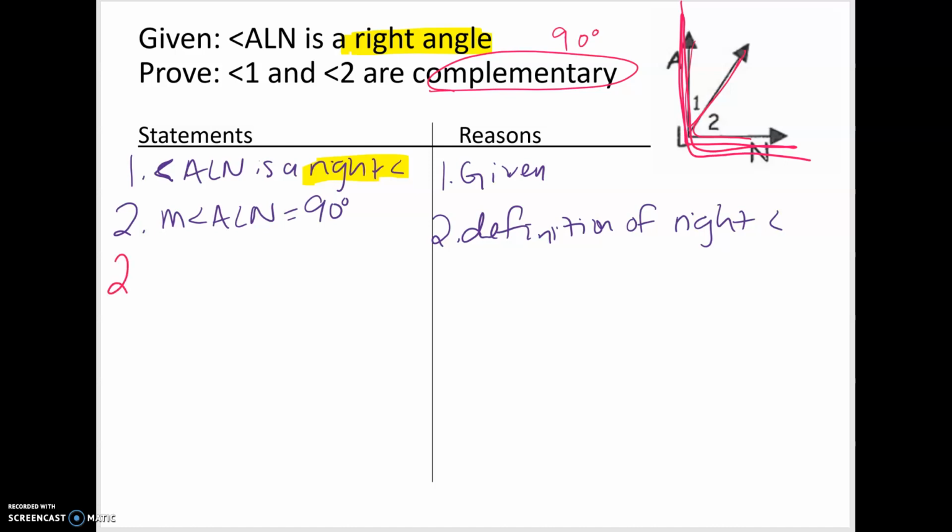We came up with this. We said part plus part equals the whole thing. So this would be angle 1 plus angle 2 equals angle ALN. That is your angle addition postulate, AAP.